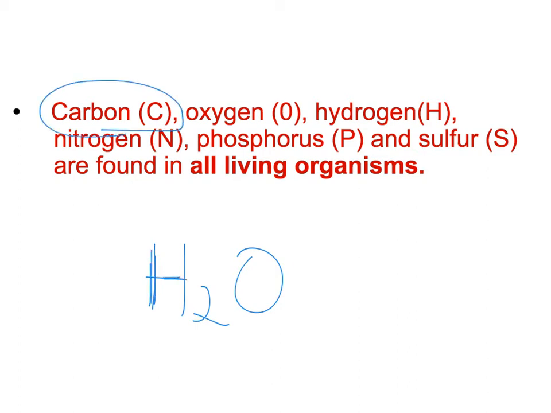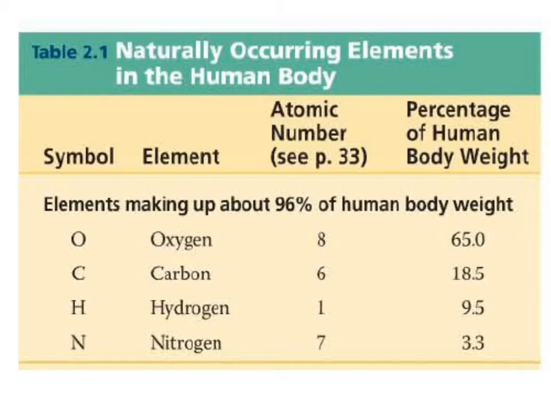It's found in glucose, carbohydrates, proteins, lipids, and phosphorus and sulfur are important for amino acids, proteins. So they are found in all living organisms. These are the naturally occurring elements in the human body.